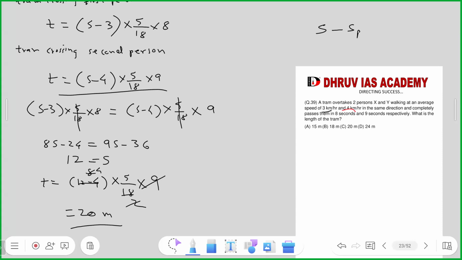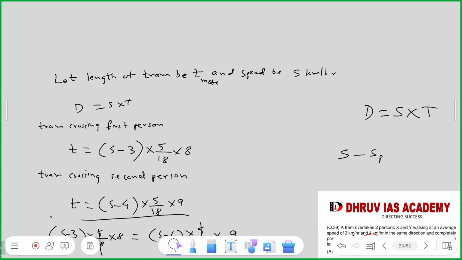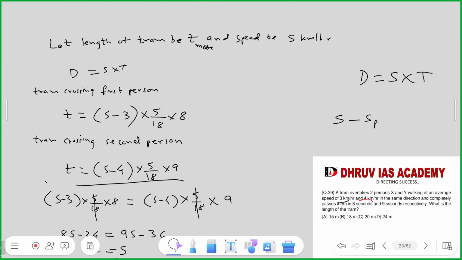So what we have done here, I will read. The basic formula is distance equal to speed into time. When the tram is crossing a person, the length of the person is taken as 0, so the distance covered will be the length of the tram. The tram and the person are moving in the same direction, so the relative speed at which they cross each other will be the difference in the speeds. So s minus 3, multiplied by 5 by 18 to convert to meters per second, into the time.